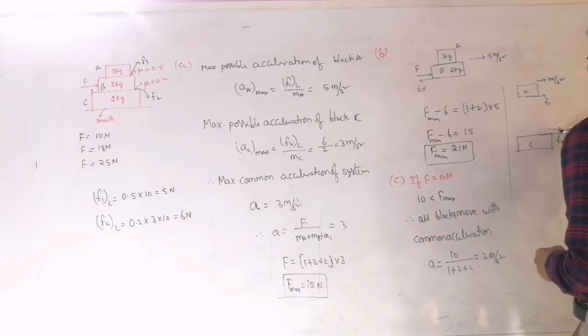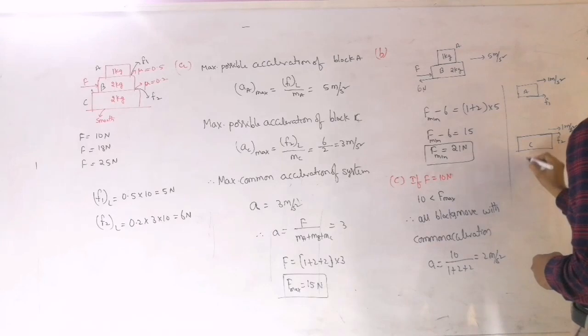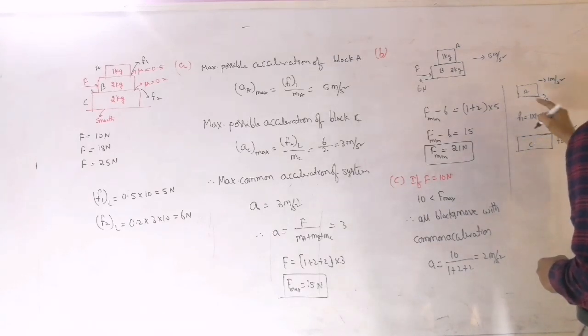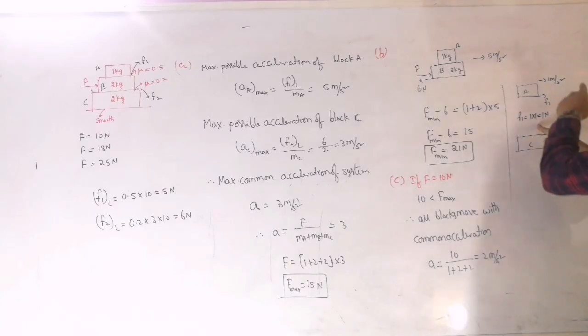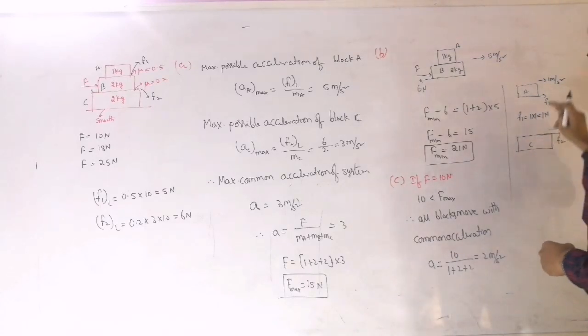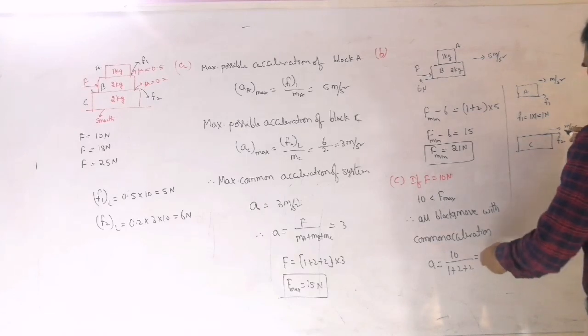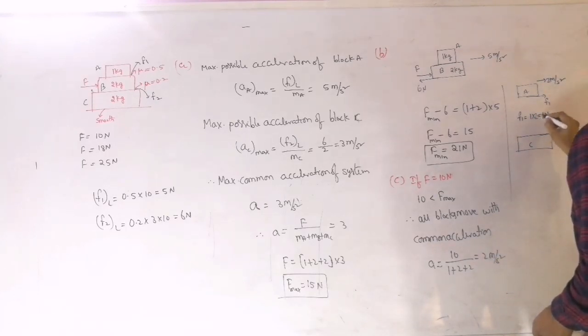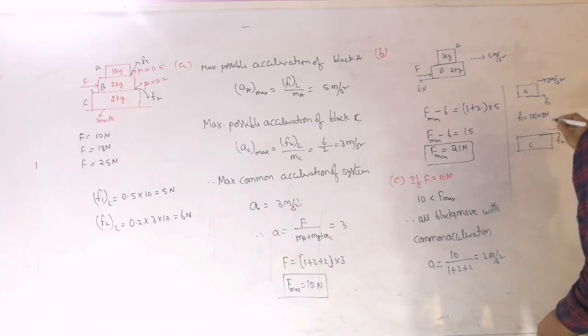So this is also accelerating with 1 meter per second square. And so this F1 value we can write as 1 into 1. So 1 newton you will get, MA. M is 1 and this A is also 1. Sorry, A is 2, not 1. This common acceleration is 2. So that this is 2, and so this frictional force will be 2 newtons.